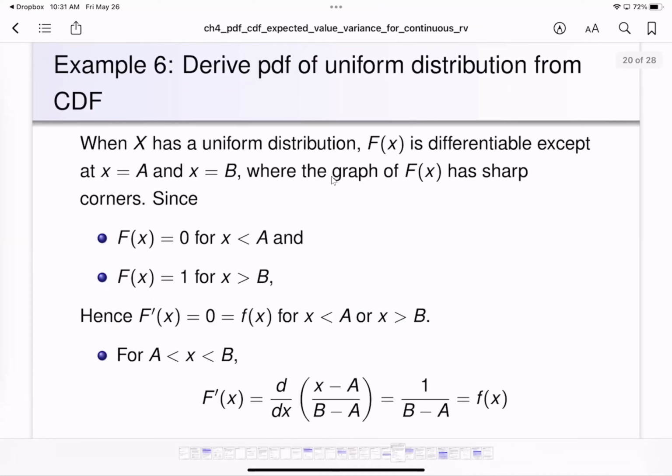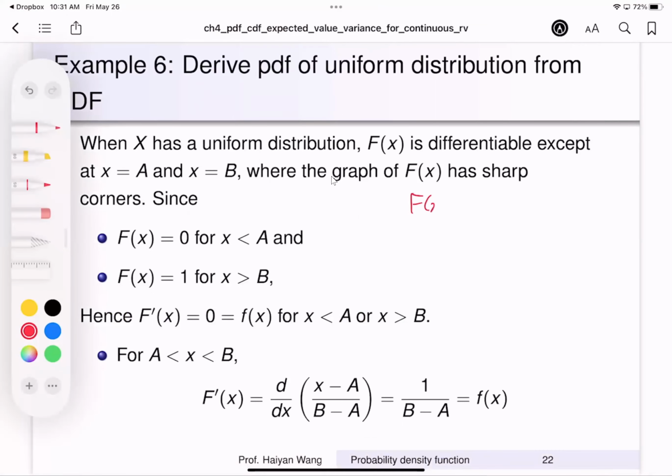Here's an example asking us to derive the PDF of the uniform distribution from the CDF. Let's say our CDF is given by 0, (X minus A) over (B minus A), and 1.